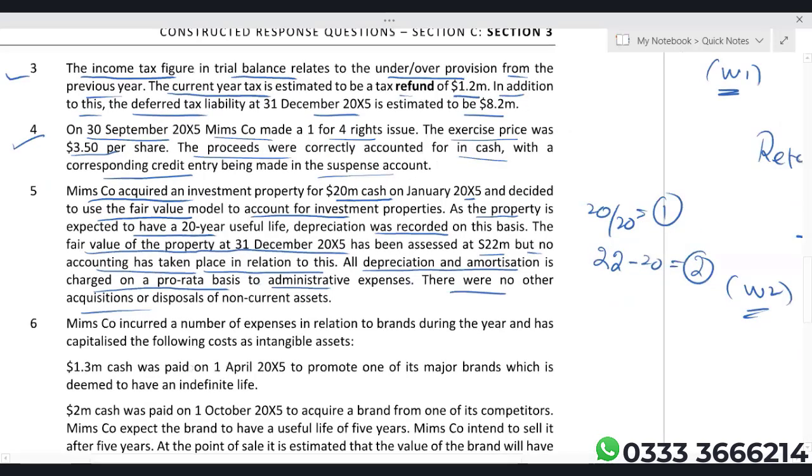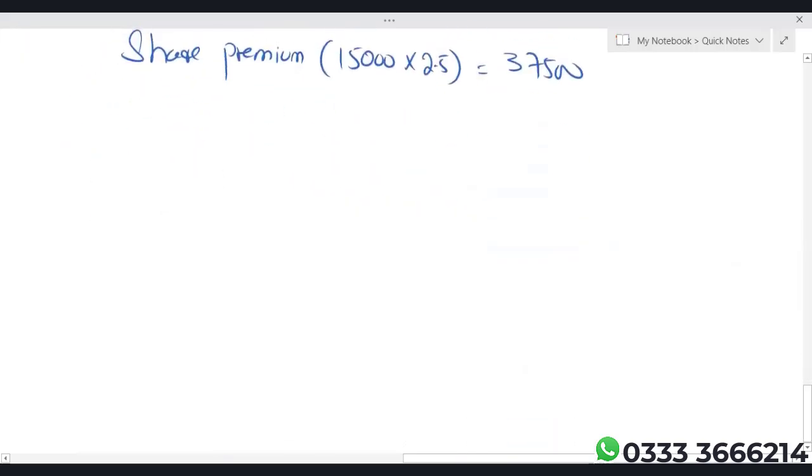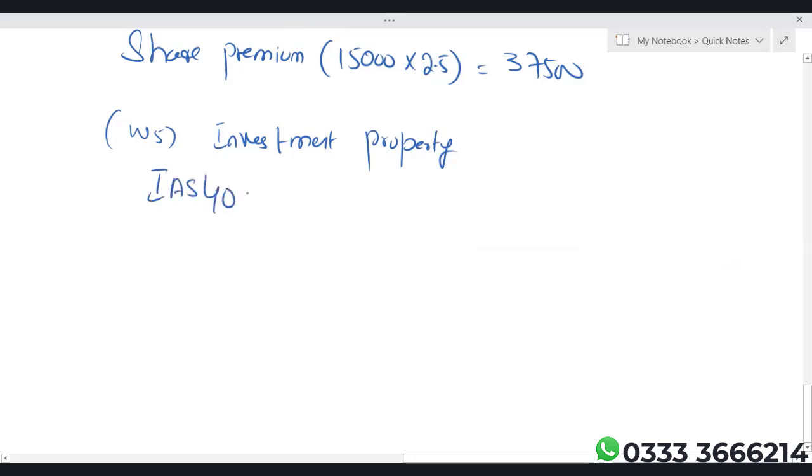So it means working 5. In working 5, we will deal with investment property. So a little bit of explanation: IAS 40, fair value model, no depreciation.